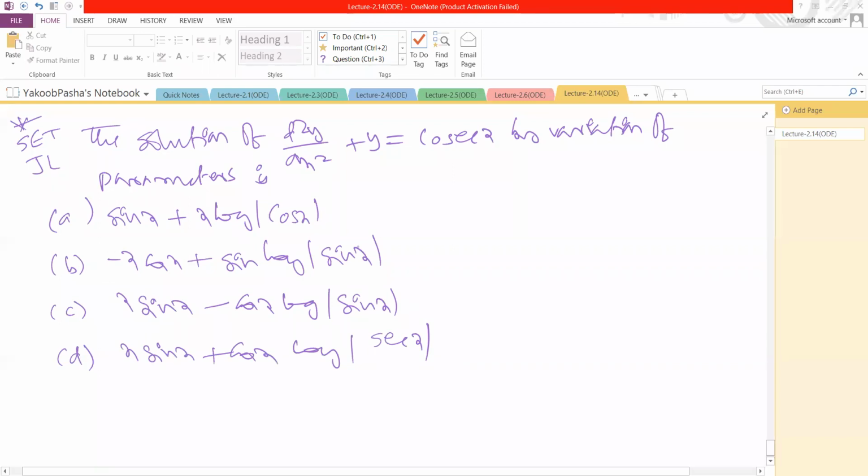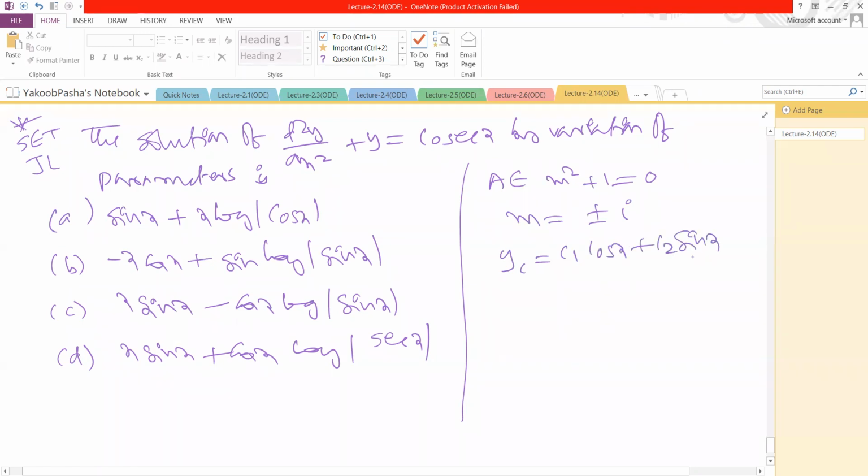Now I am first finding the complementary function. Okay, the corresponding auxiliary equation is m square plus 1 is equal to 0, m is equal to plus or minus i. So yc is equal to c1 cos x plus c2 sin x.